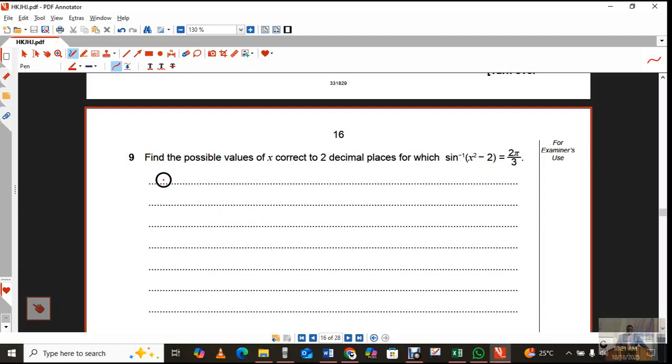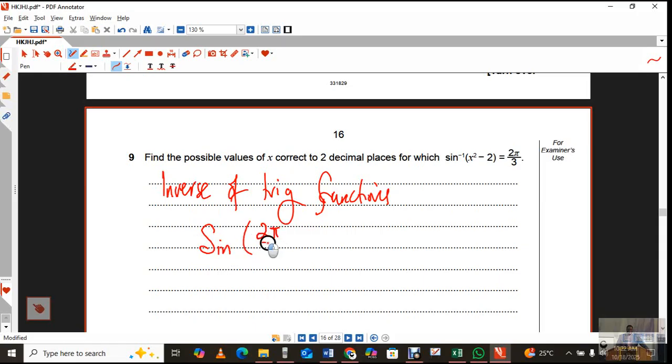So what you're dealing with here is the inverse of trig functions. That means that this is just going to be sine of 2 pi over 3, it's like we're switching that, which is then going to equal x squared minus 2.